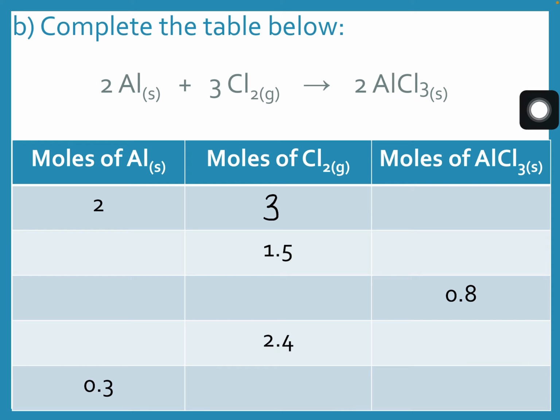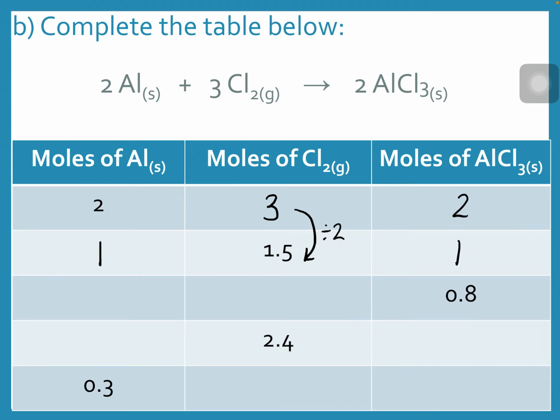So 3 moles of chlorine, 2 moles of aluminum chloride. So from here to here, what is happening is I have a division of 2. So I have half the amount of chlorine that I have in my balanced equation, which means I would also need half of the amount of aluminum, and I would produce half the amount of aluminum chloride.